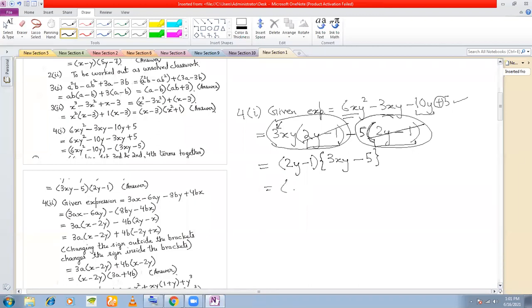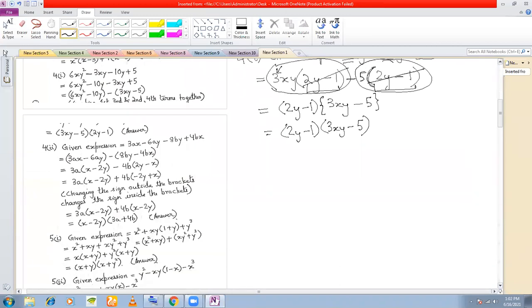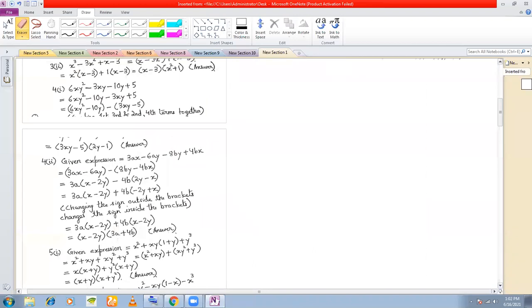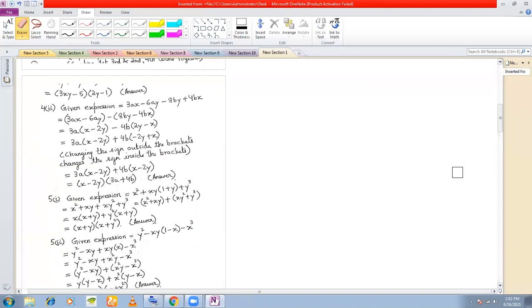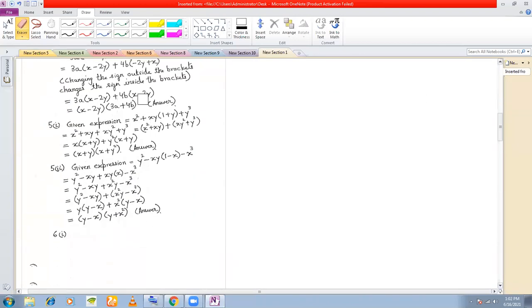So this is (2y minus 1) into (3xy minus 5). Okay. So I hope no questions till this part. We move on to the next one. Here, say 5-1.